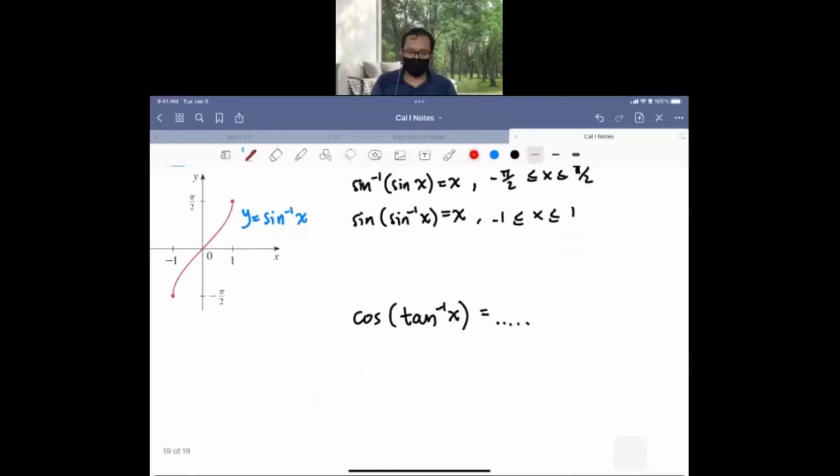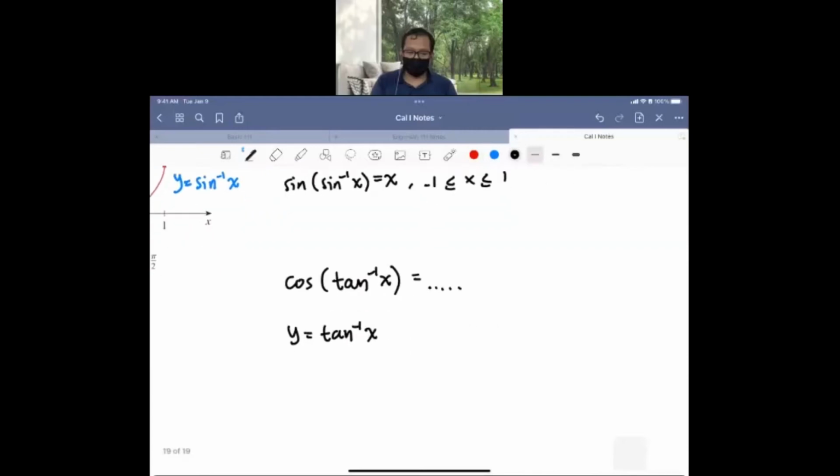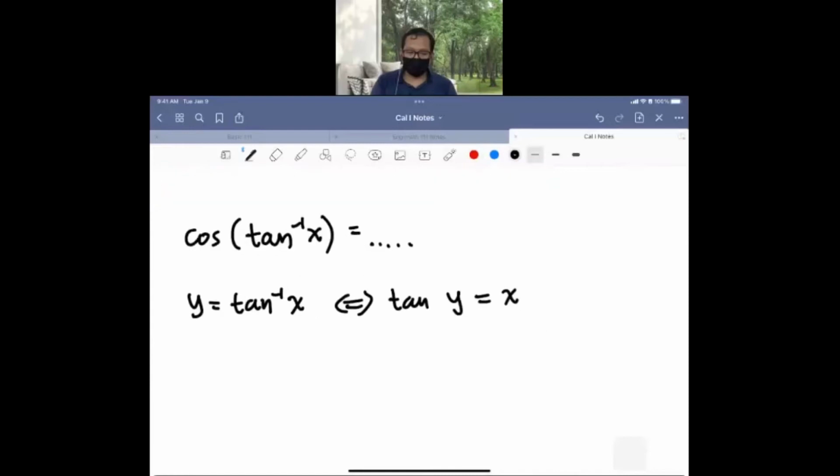So the same thing here. If you have cos tangent inverse x, what you are going to do first is define the inside with any variable you like, for example y. Then we define this as tangent y equal x.